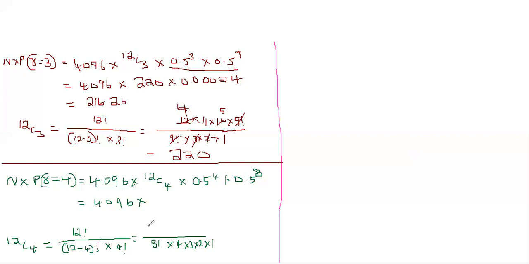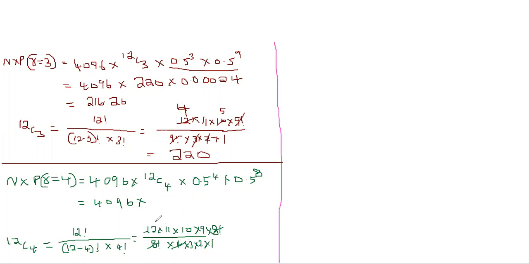So this I'll expand up to 8: 12 into 11 into 10 into 9 into 8 factorial. 8 factorial we cancel.